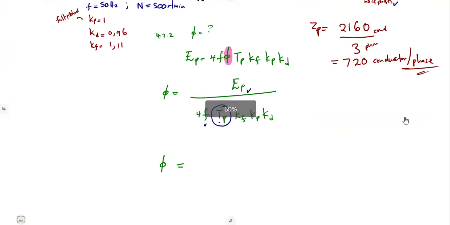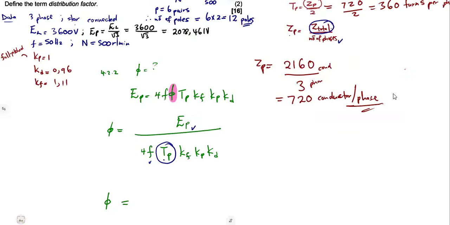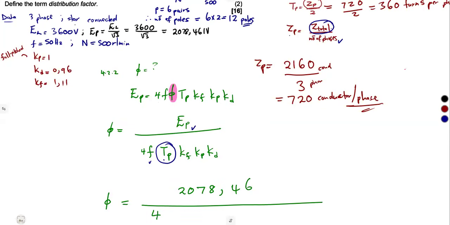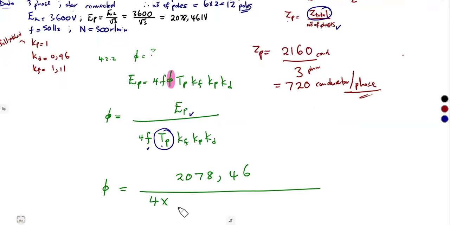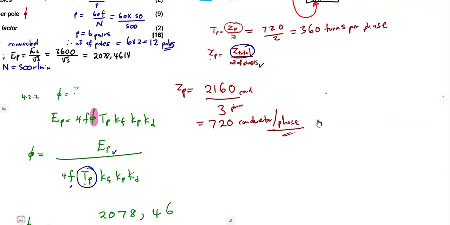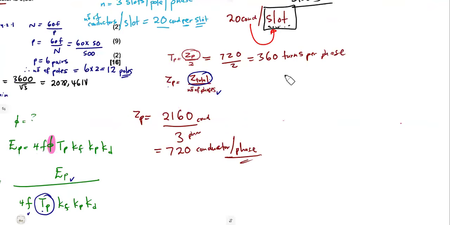Remember from that star connection, we have our induced EMF per phase of 2078.46. All right, everything over 4 times the frequency. Remember, that's 50. So you're just going to substitute our values. Everything is now there. 50 times the TP. That is the part that we have been calculating. All this part was for us to have the TP, the turns per phase.